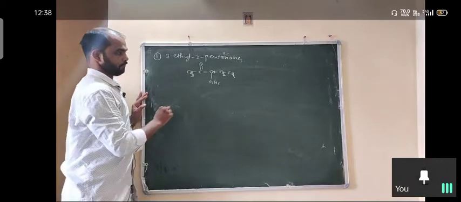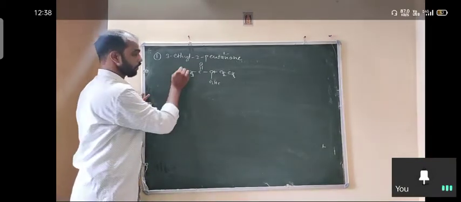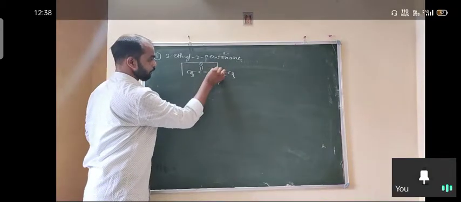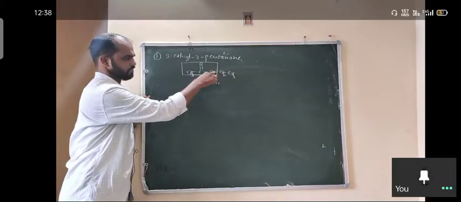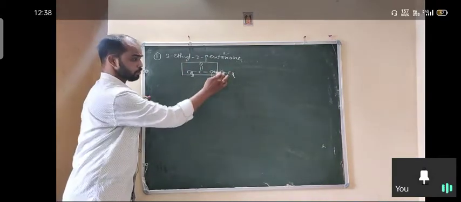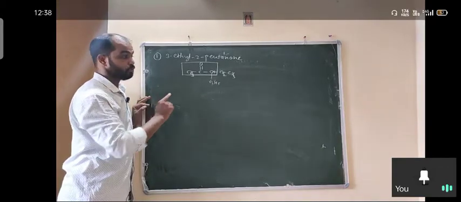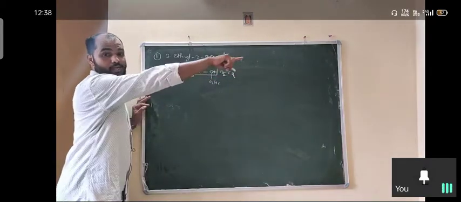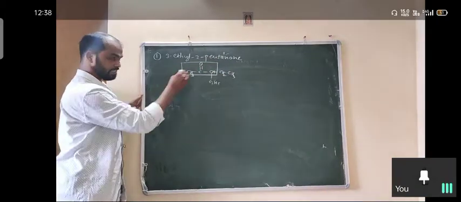So here what you do first is plan the synthesis. You already know this part is coming from ethyl acetoacetate. The H is after decarboxylation. These two are the substituents. Two alkyl groups are introduced, means we use the second pathway, the dialkylation pathway. So how do you start this synthesis?